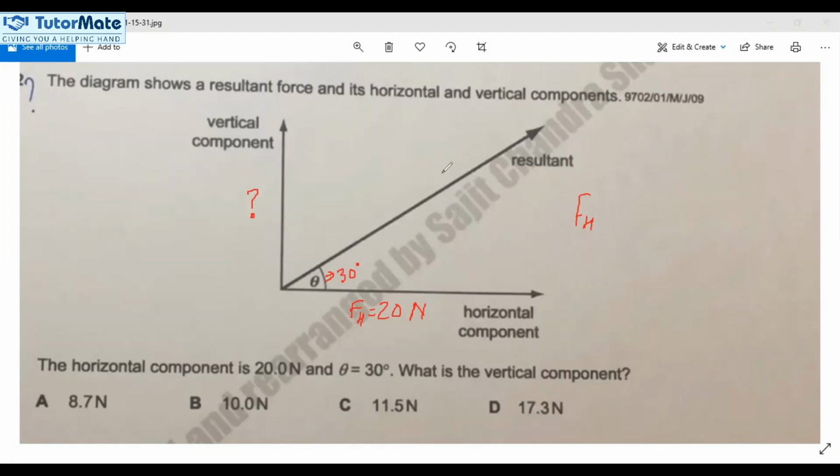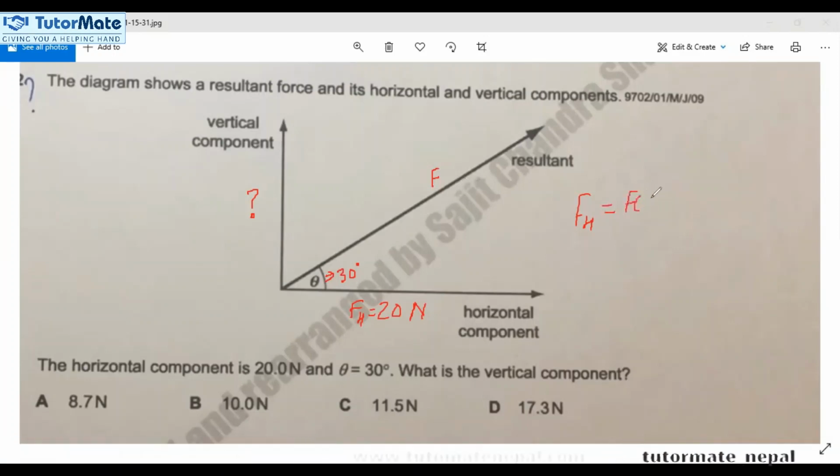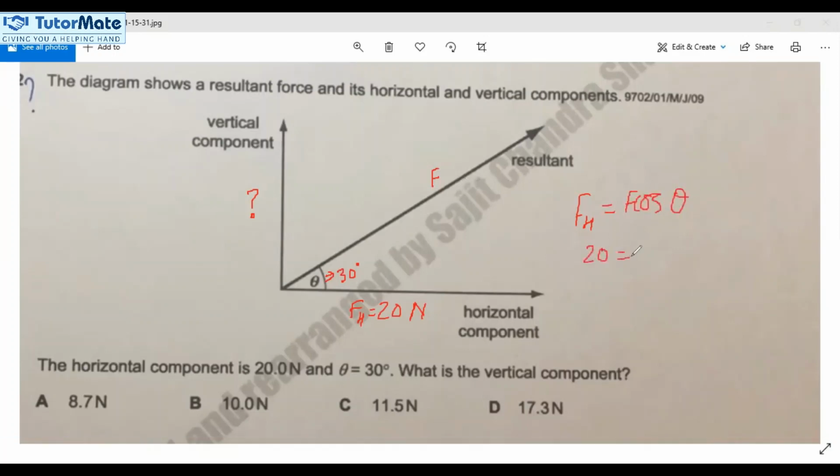Let's suppose this is F. There are multiple ways to solve this question, but one way is with the formula Fh is F cos theta, right? Fh we have 20 Newton, F and cos 30 degrees. So with the help of this equation, we'll get F. That is F equals 20 divided by cos 30 degrees.